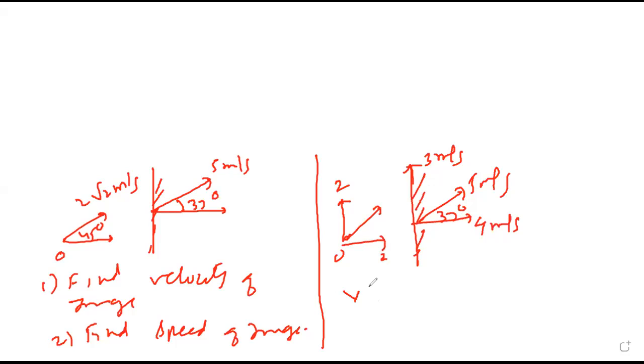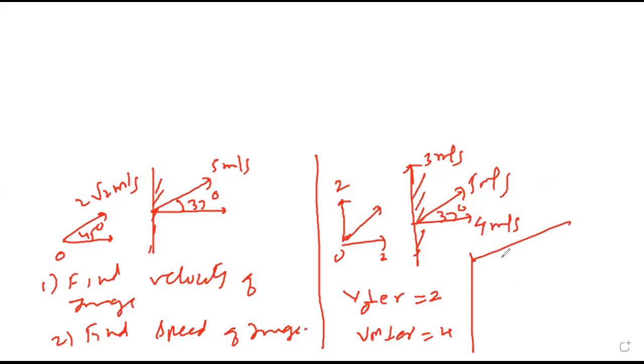So V perpendicular equals to 2 for object. V mirror in perpendicular direction is 4 in magnitude. Both are right, so plus plus.